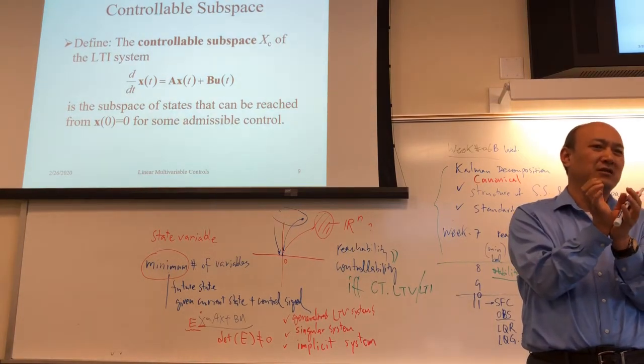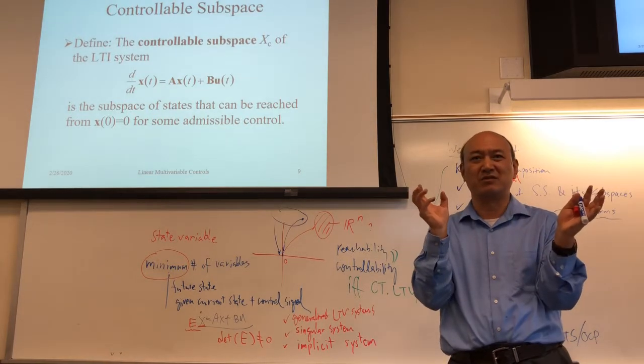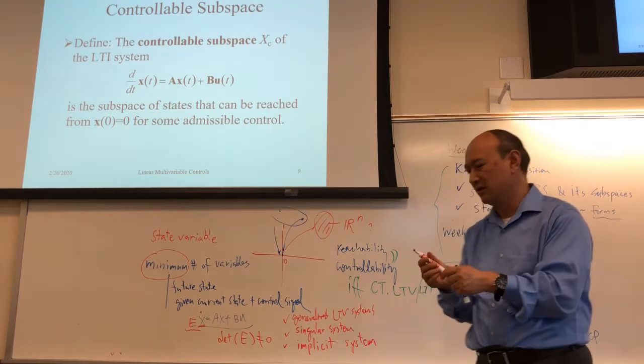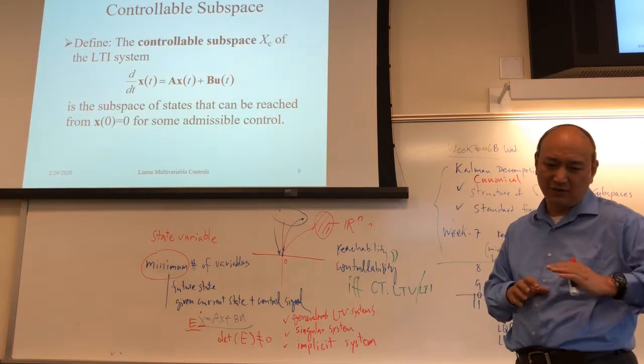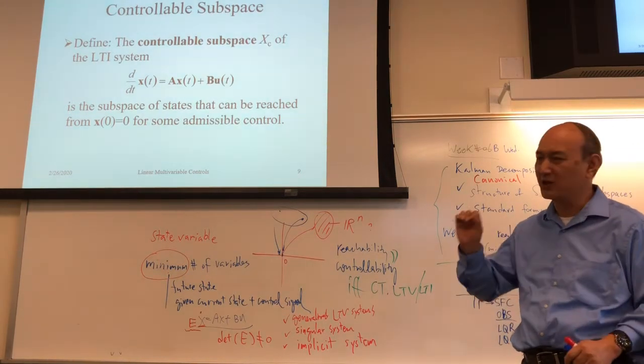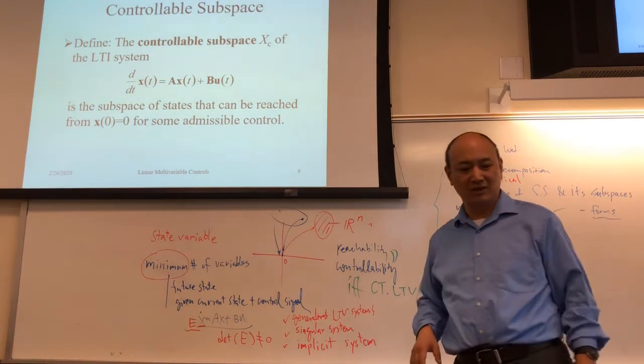But how you get that part out is called decomposition. You are going to see that we can have a controllable subspace and an uncontrollable subspace. How can we divide that?